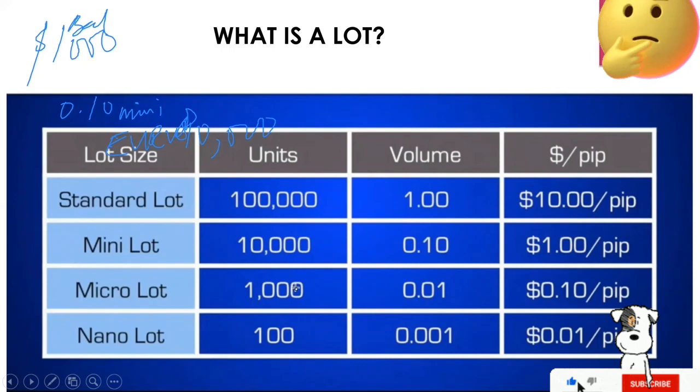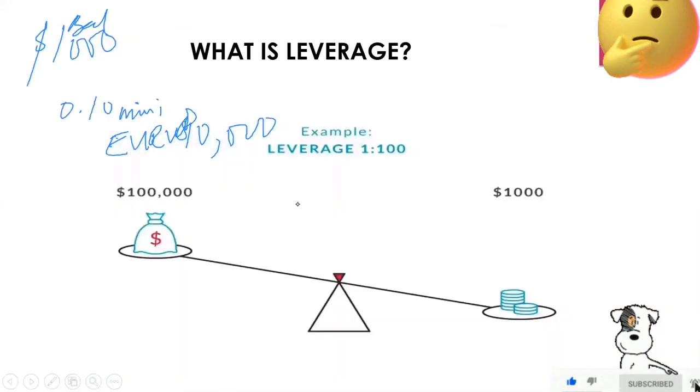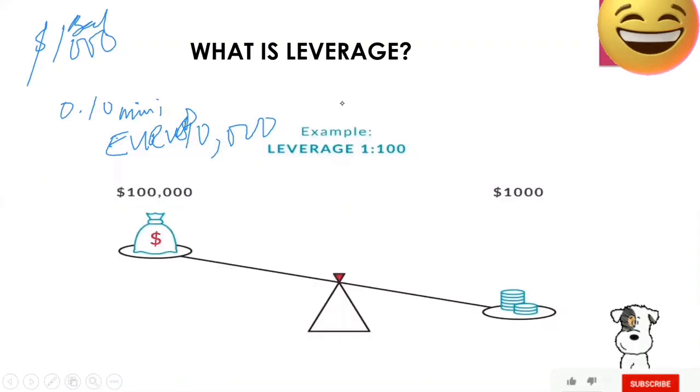So it is the leverage that allows you, even when you have $100, to still buy 1,000 units worth of euros as against the dollars. While for standard lot size, whenever you place one standard lot, you are purchasing 100,000 units of euro as against the dollar. I hope that is clear. You now understand how I got the 10,000 units.